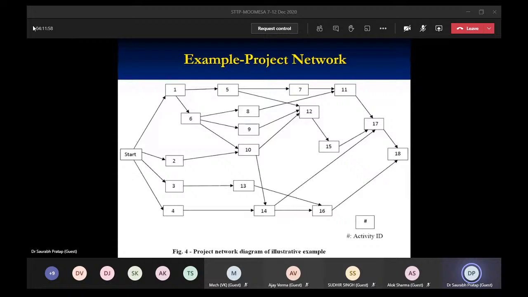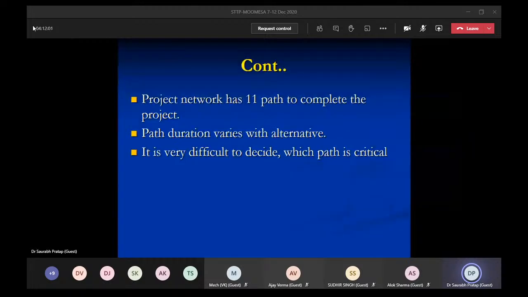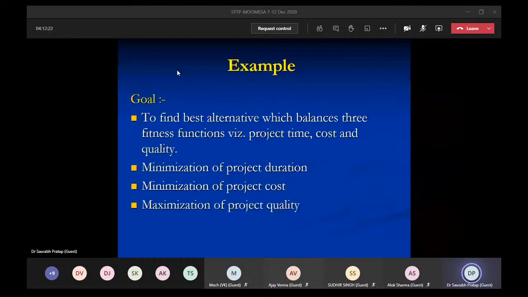The project network has 11 paths to complete the project, and the project duration varies with the alternative. Definitely, if we choose a different alternative, the duration will change. So we have to identify the critical path also. The objective of this problem is to identify the best alternative that will balance the three fitness functions: project time, cost, and quality.